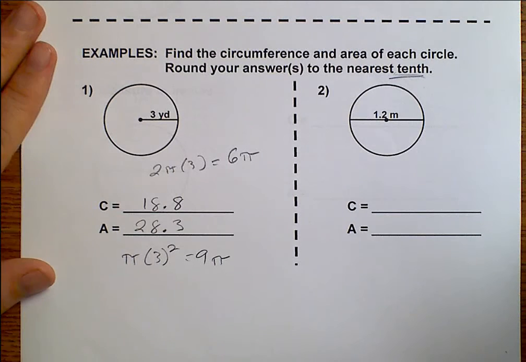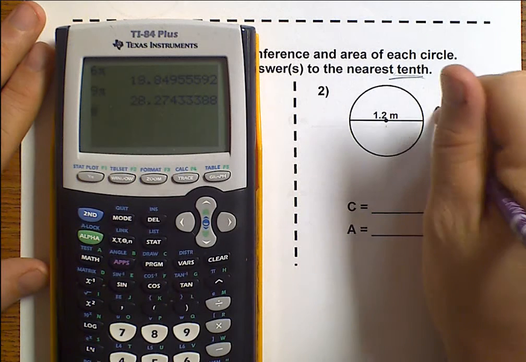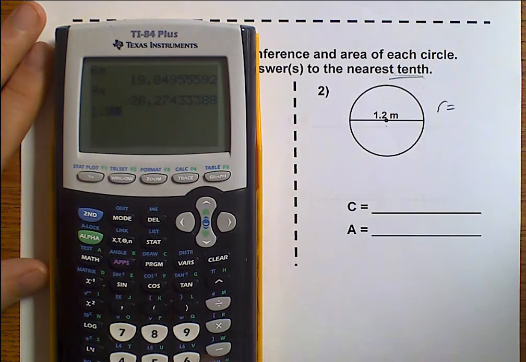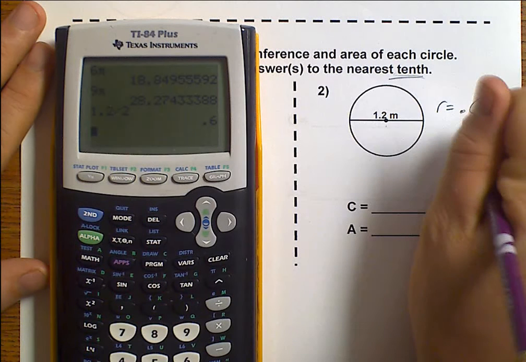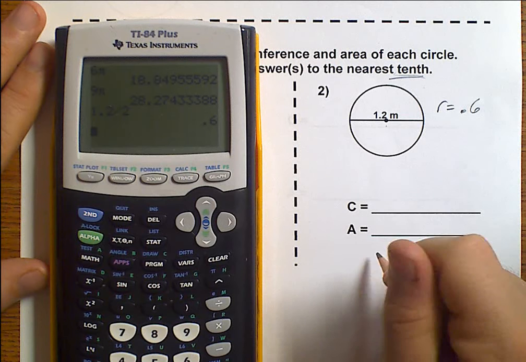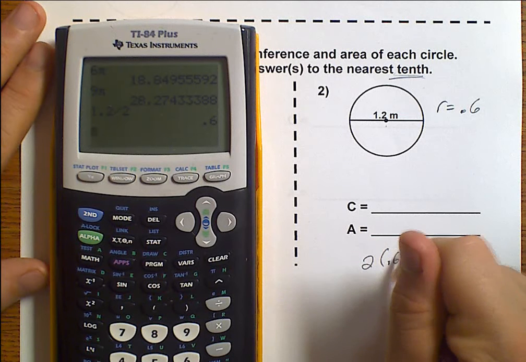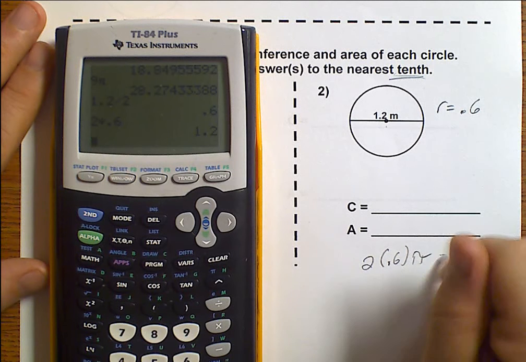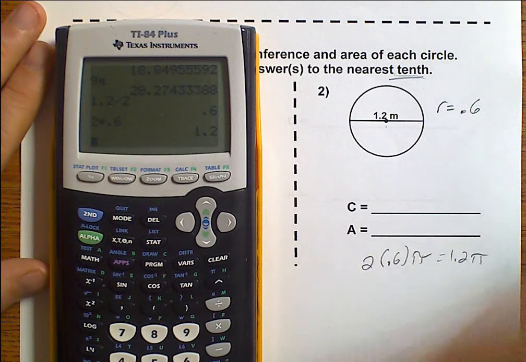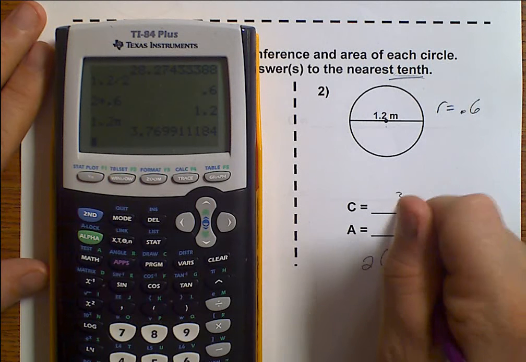Let's take a look at example number 2. My diameter is 1.2. I want to find my radius. So 1.2 divided by 2 means my radius is 0.6. So 2 times 0.6 pi equals 1.2 pi, which gives us 3.769.